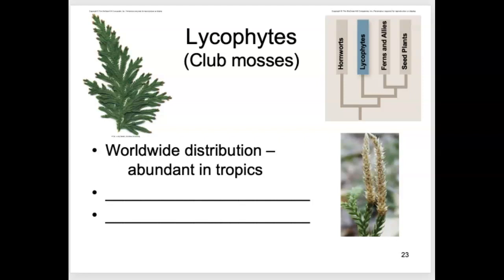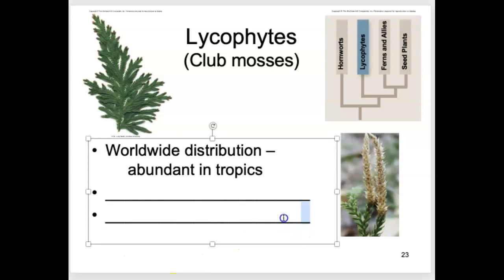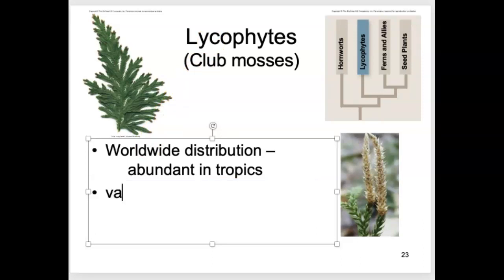When we look at this group, a couple key things to mention. Lycophytes are worldwide. We'll find them in all sorts of different environments. They are particularly abundant in the tropics, a group that has evolved and done very well in a tropical environment.